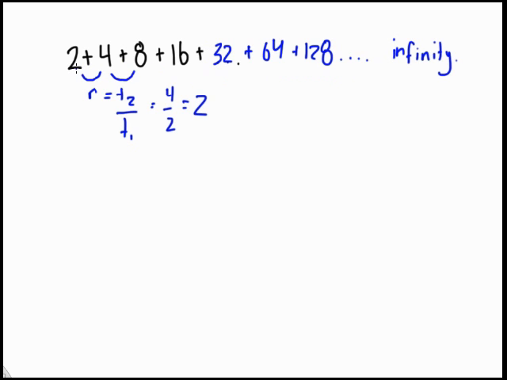And what we want to know is, if we added all of these terms, all of them, even the ones way over there, what would it add up to? You can see that the sum of an infinite number of terms here would be infinity.